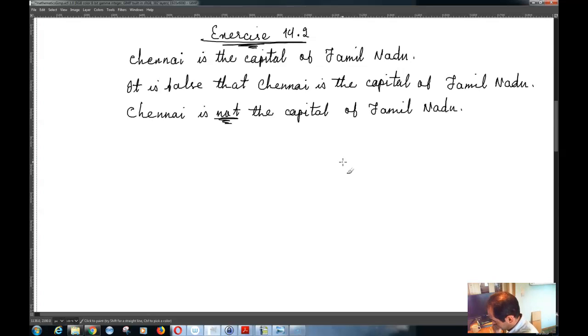Okay. So this kind of statement is easy, and there is not much confusion about that, but we will get to more complicated statements as well.